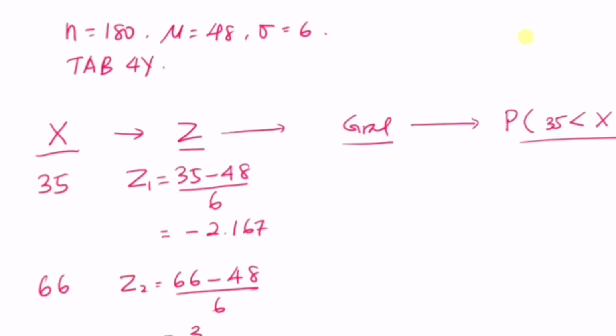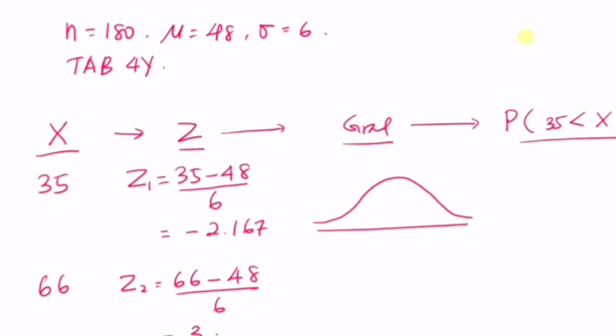Then you press your calculator again and get the z-score for 66, which is also a decimal number. So you write your answer in 4 significant figures. Alright, so we have completed step 2. Step 1 is to list x down. Step 2 is you convert to z-score.